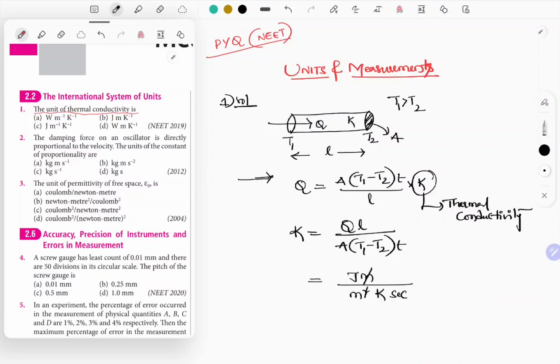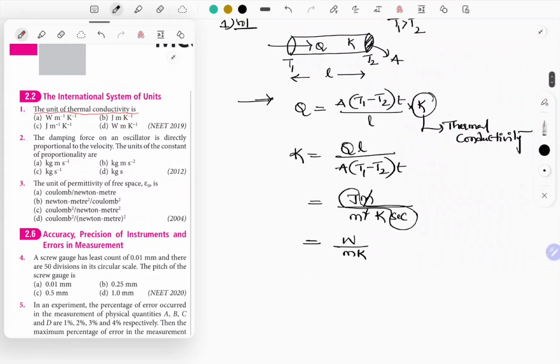Joule per second is power, denoted as watt. So it is watt divided by meter Kelvin. Finally, we can write the unit of thermal conductivity K as watt meter power minus 1 Kelvin power minus 1. This is the unit of thermal conductivity.